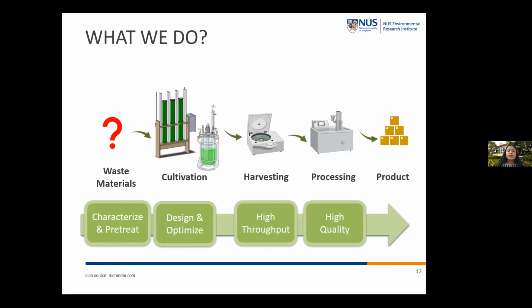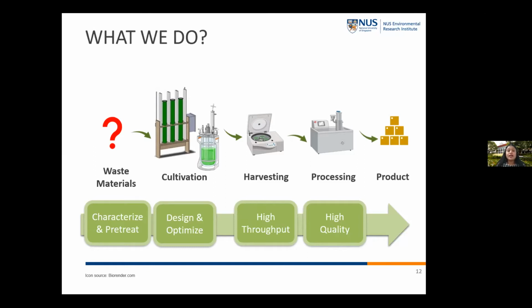If required, we pre-treat these materials and make them suitable to grow microalgae. After that, we use these waste materials in our cultivation systems, and we optimize the conditions. We harvest this biomass, we process it, and then we convert it into products. So today I'll be talking about two such case studies that we have been working on in the past few months.